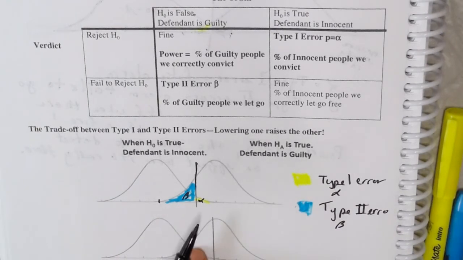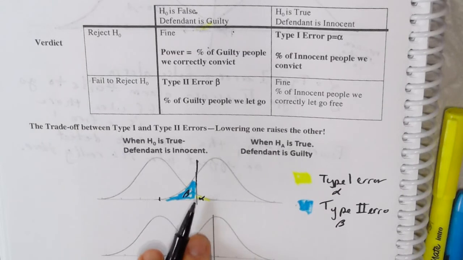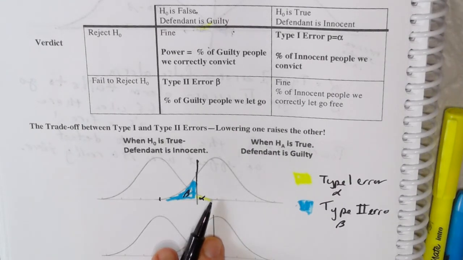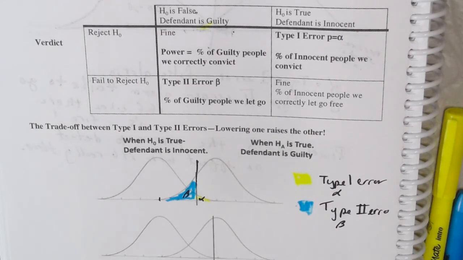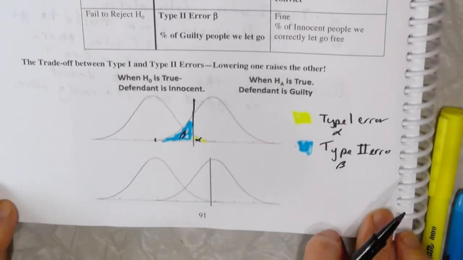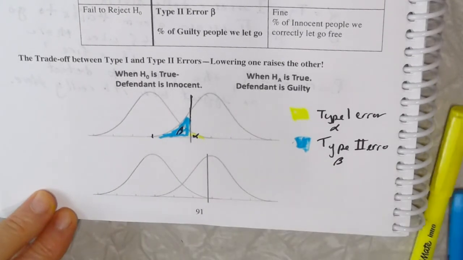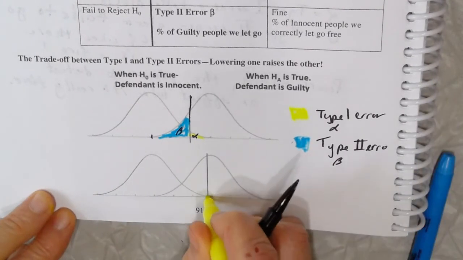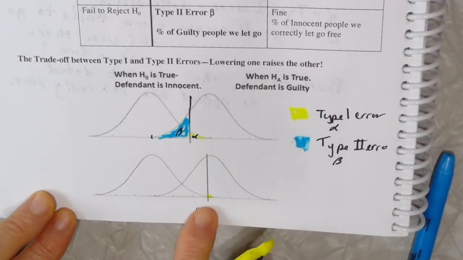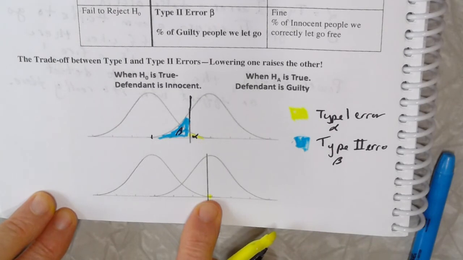So you might say, let's say this was a murder trial, and the consequence would be the death penalty. Well, you want to make that as small as possible. You don't want to kill innocent people. But look what happens if you move this over so that you're hardly ever going to kill an innocent person.